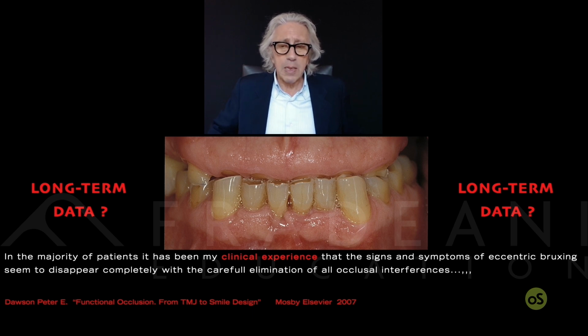So again, it's not really research, not really a clinical study, not a science study. It's just a clinical approach, because he is saying it is his clinical experience. So it's not possible to say that is true 100%, because it's just the experience of a dentist.